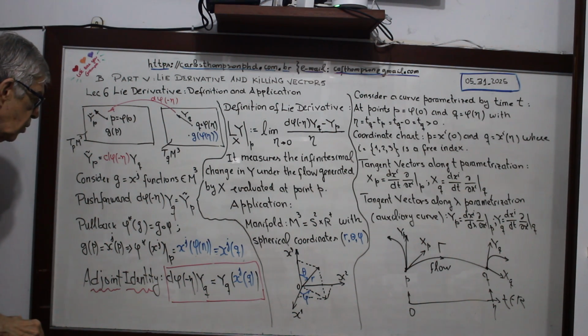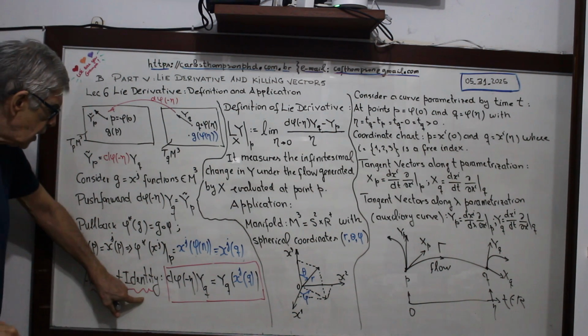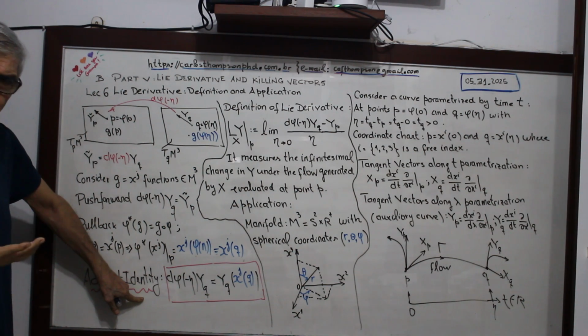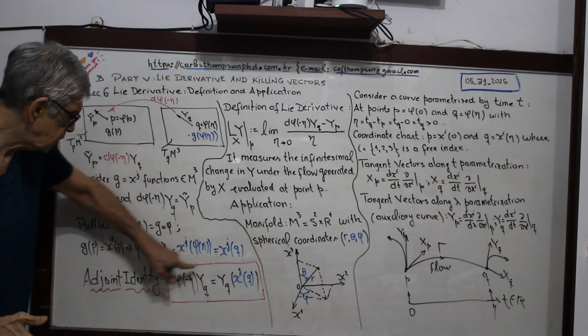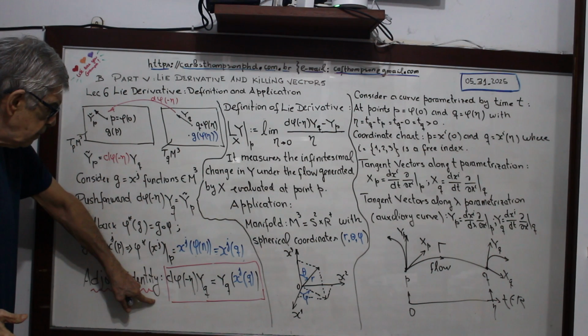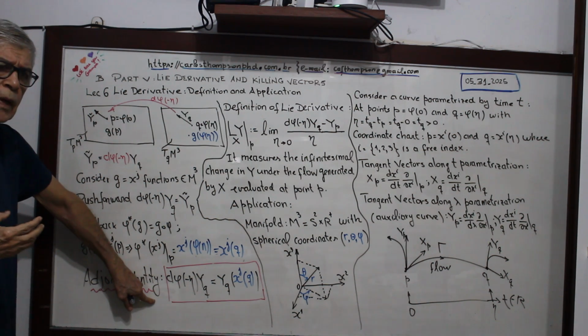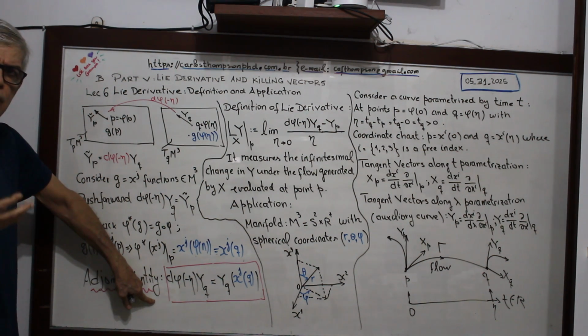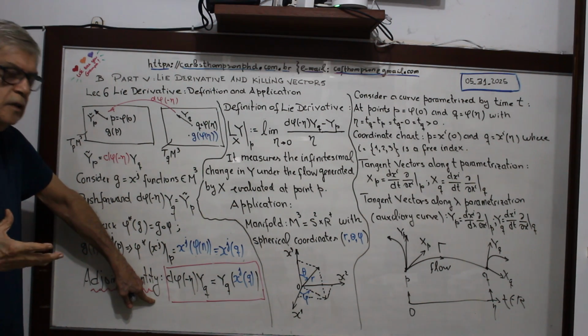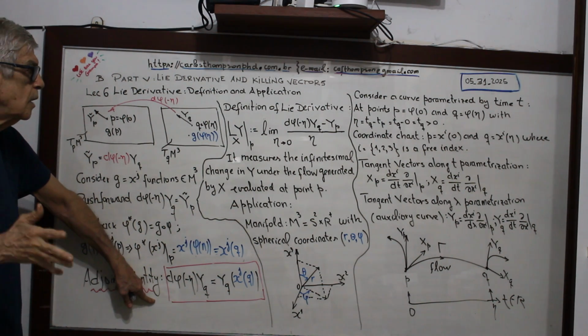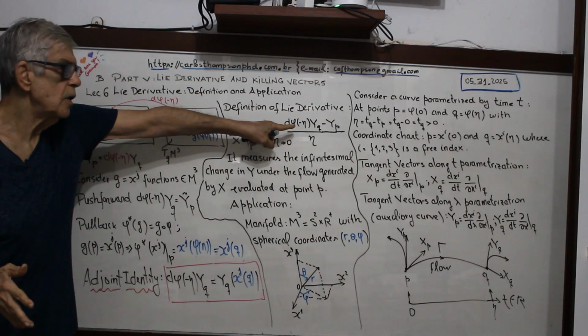That's important to emphasize. This adjoint identity or adjoint operator we will not use in this lecture because we will apply the definition of the Lie derivative directly, using this formulation over here.